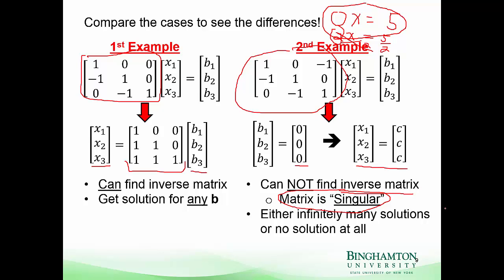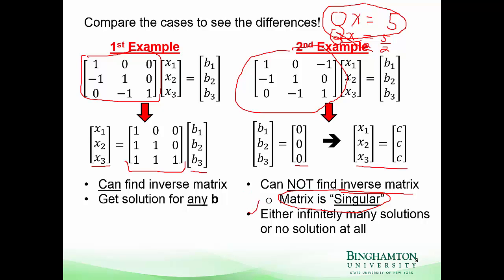And what we found was that not only could we not find an inverse matrix, but sometimes there was a solution and sometimes there wasn't a solution. So when we had 0x is equal to 5, no solution. But 0x is equal to 0, infinitely many solutions. Same kind of thing here.